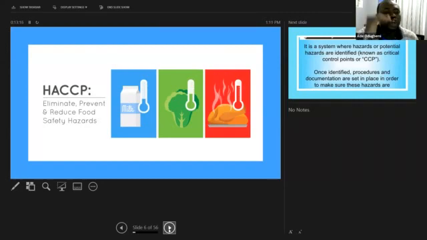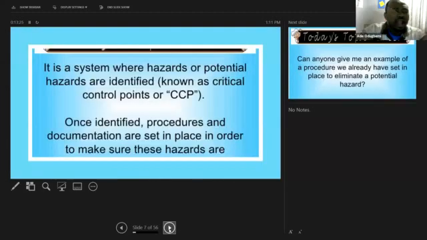And in some operations, you want to reduce it to the barest minimum level. If you want to define it scientifically, it's a system where hazards, with emphasis on the word potential hazards, are identified, at what are known as critical control points. And once identified, we put procedures and documentation in place to make sure that those hazards are controlled. That's exactly what it is.